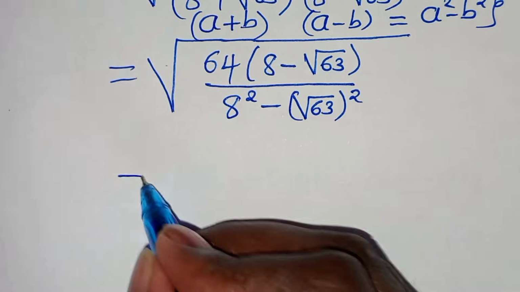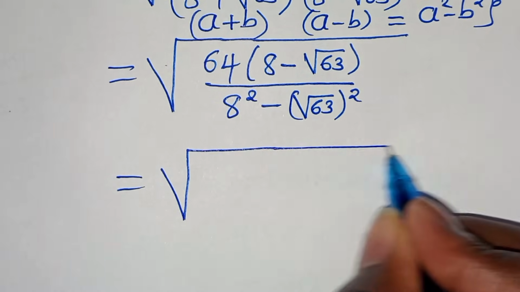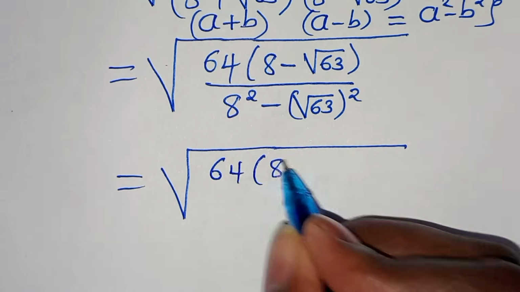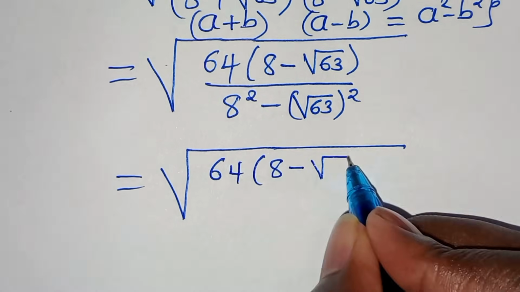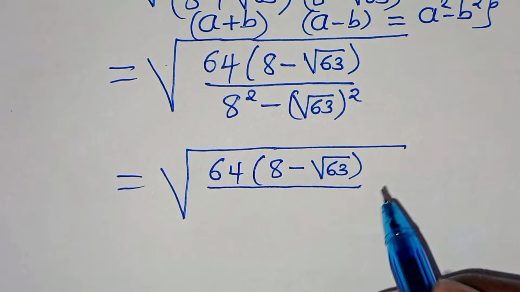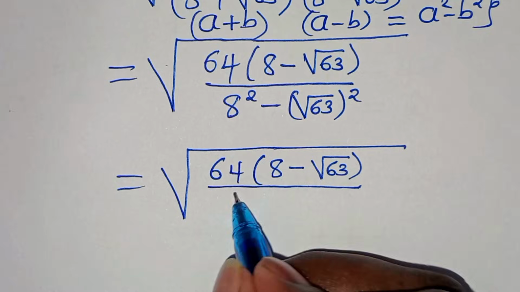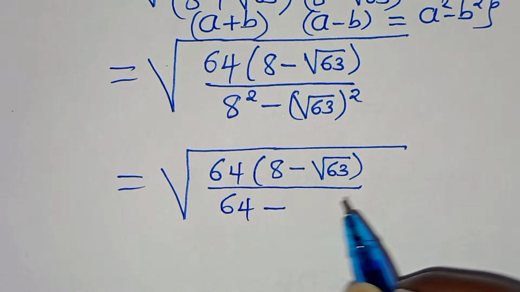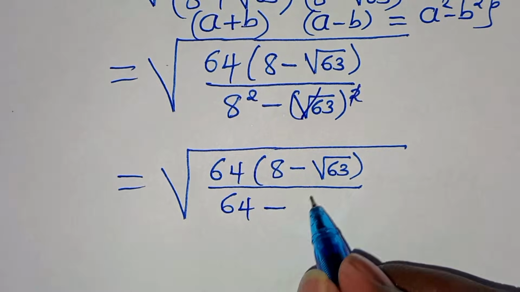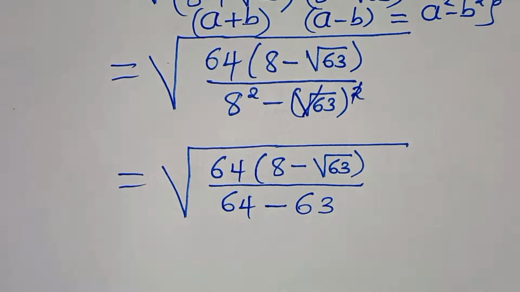Now, we have the square root of 64 multiplied by 8 subtract square root of 63. Everything here divided by, now 8 squared, this is 64, subtract, now let's eliminate the square root sign here, so subtract 63.